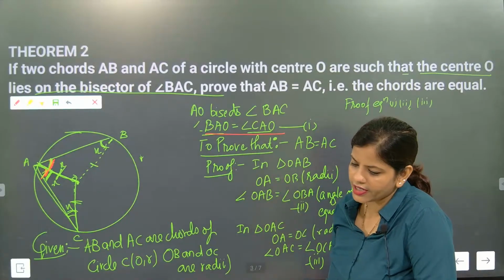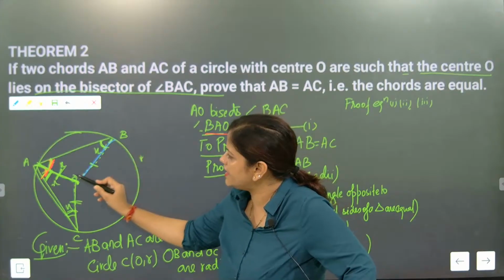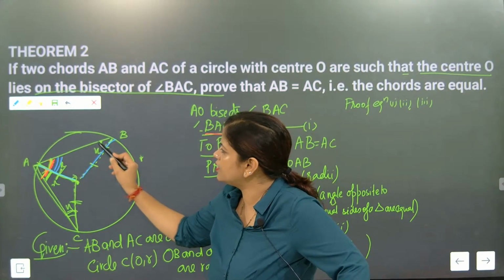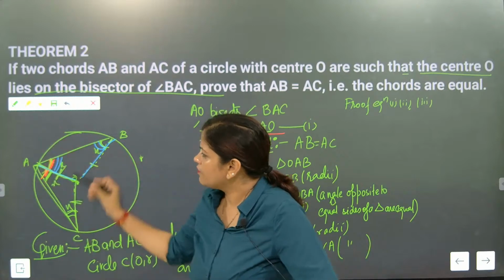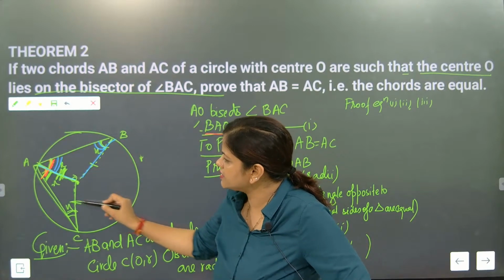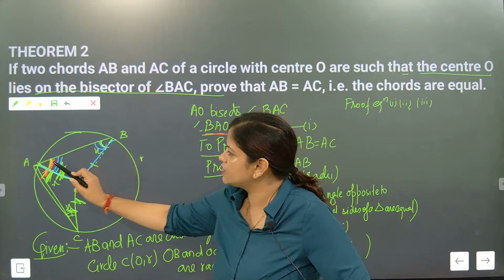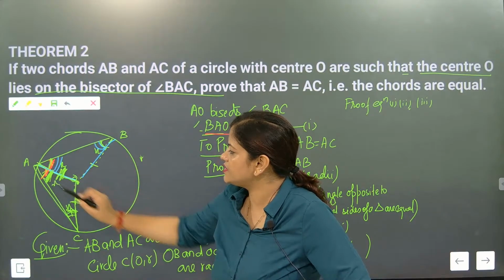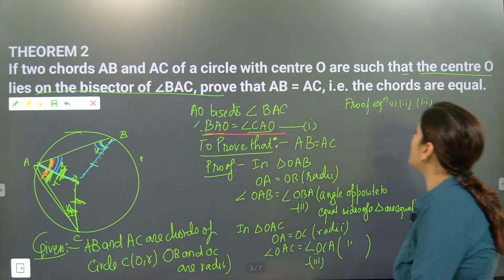Then in the second part, we saw that this is a radius, so this angle is equal to this angle. Next, we proved this side is equal to this side, so this angle is equal to this angle. That means this equals this equals this, and this equals this. That means all are equal.